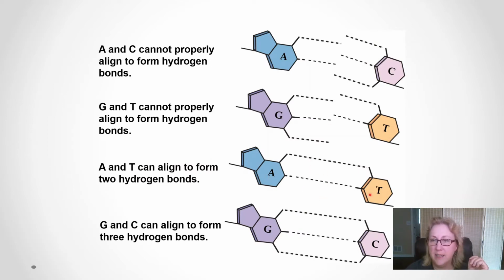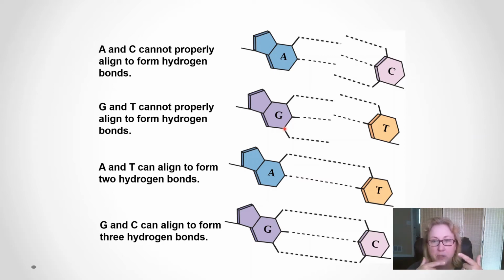So A and T hydrogen bond together, and G and C hydrogen bond together, and this is because of where those bases and charged hydrogens are. So in order to have a hydrogen bond, you have to have a positively charged hydrogen on one atom sticking to a negatively charged nitrogen on the other atom.